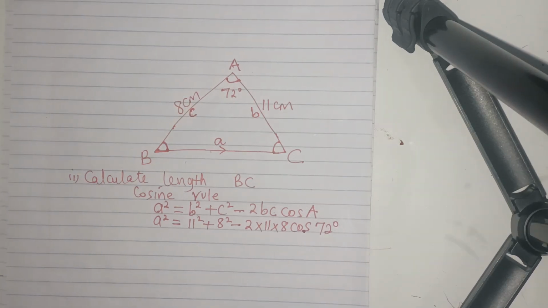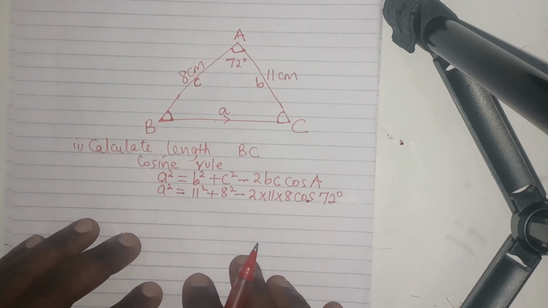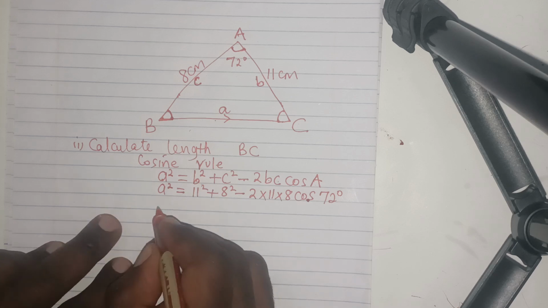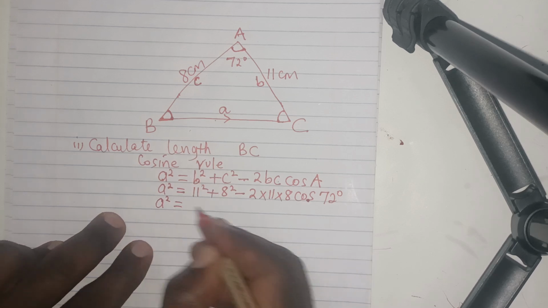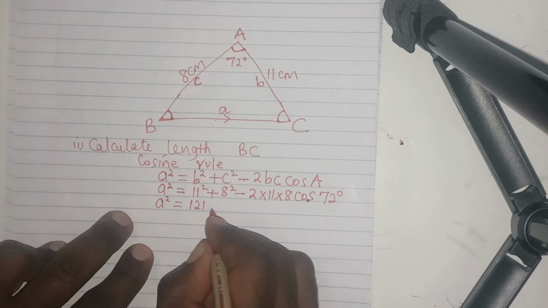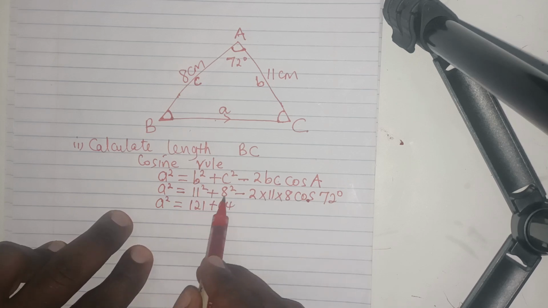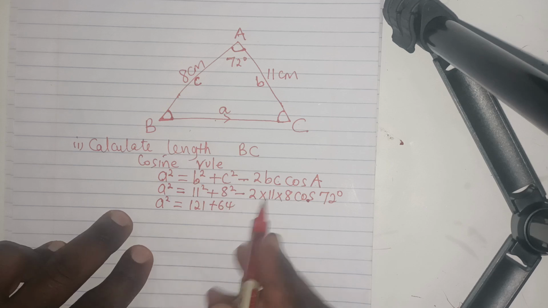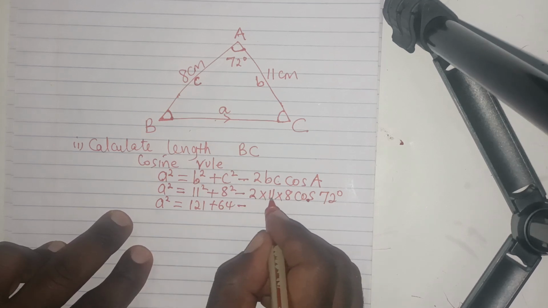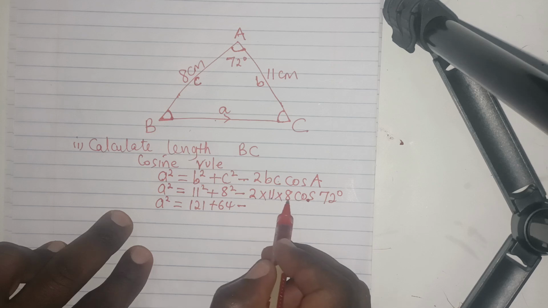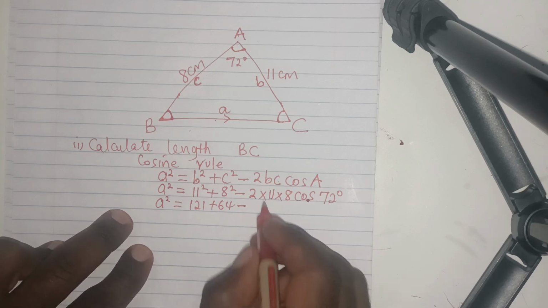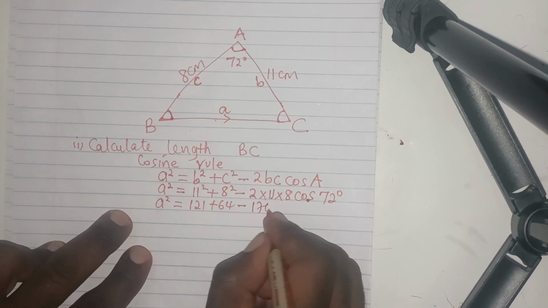I'll proceed and say a squared is equal to 121 plus 64. That is 11 squared from your calculator is 121, 8 squared is 64, less 2 times 11 times 8. 11 times 8 is 88 times 2, that gives us 176.